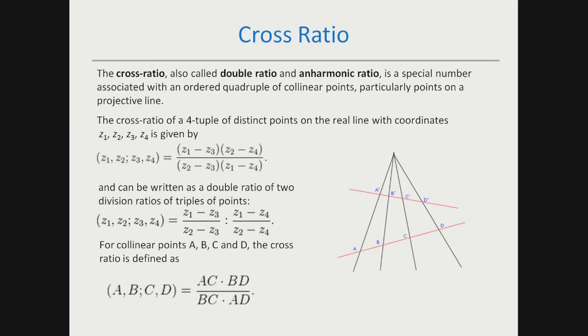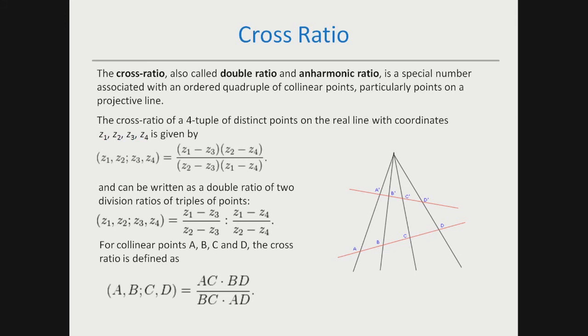Now, if we have 4 points, not general 4 points but collinear, which means they are along a line, which is the interesting part for us, then this cross ratio is preserved. That means the cross ratio here and the cross ratio here are the same.